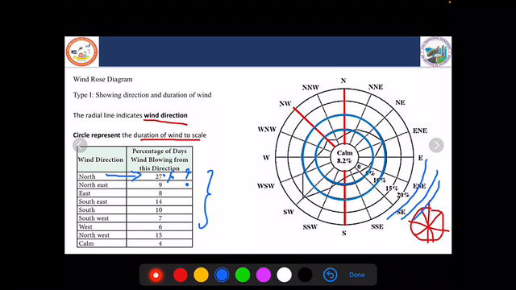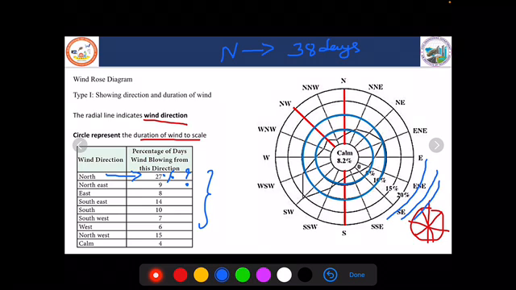For example, the wind blowing from the north direction is for 38 days in a year. So in the region we have selected for the airport site, for 38 days the wind is coming from the north direction.